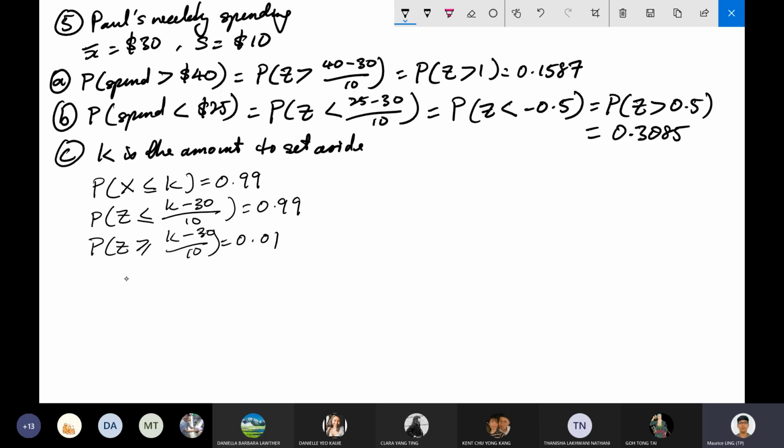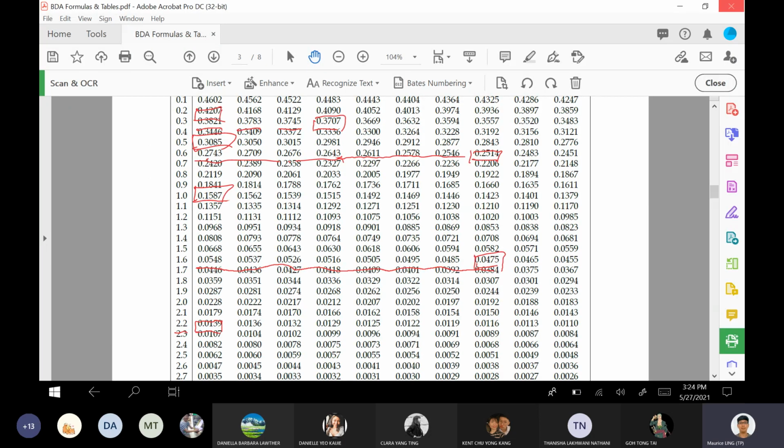So we also know that K minus 30 over 10, to find the probability of 0.01, you go look for 0.01. Under here, look for 0.01. You end up with 2.3 point, this number. Okay, you don't take this number because you end up with slightly less than 99%.